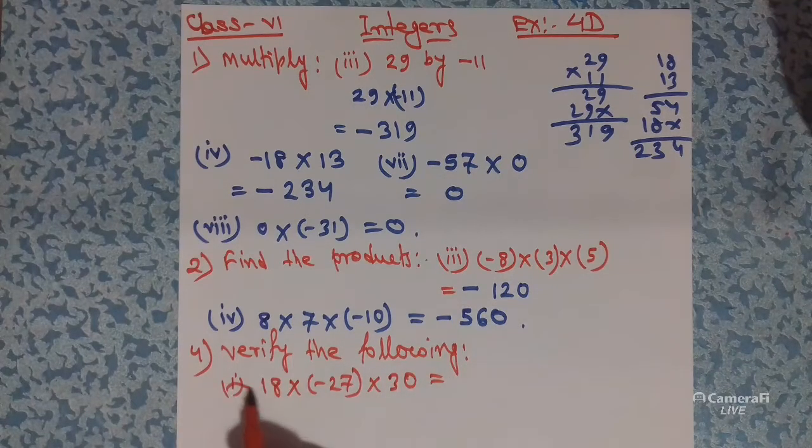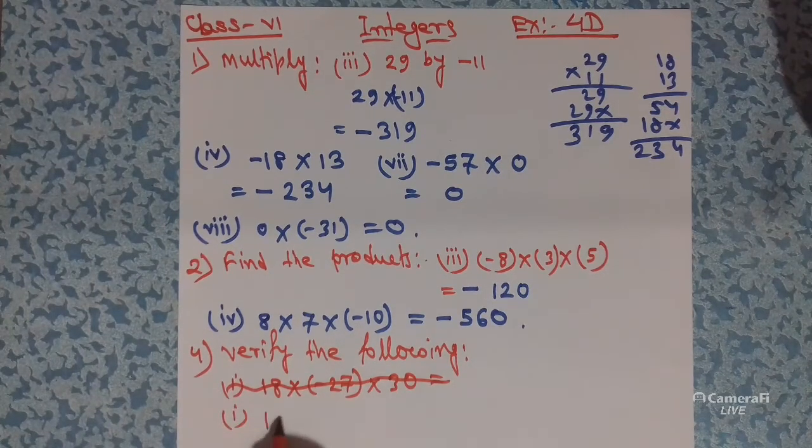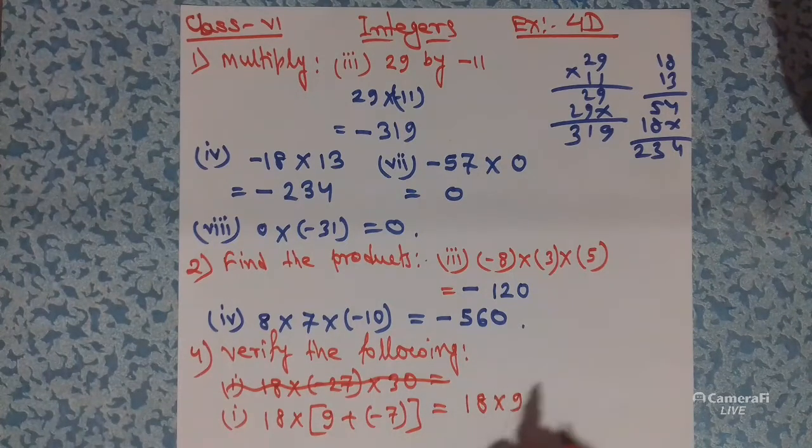Oh, it is a wrong question, sorry. The problem is 18 multiply 9 plus minus 7 is equal to 18 multiply 9 plus 18 multiply minus 7.